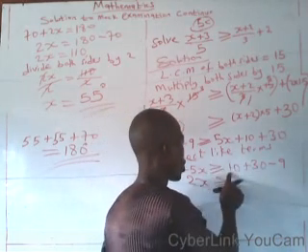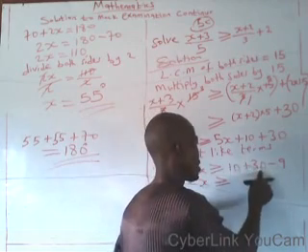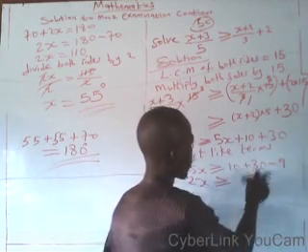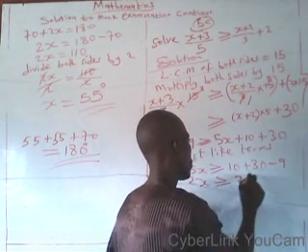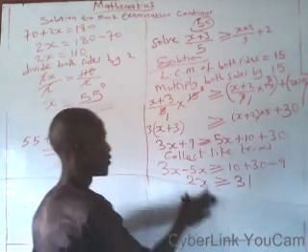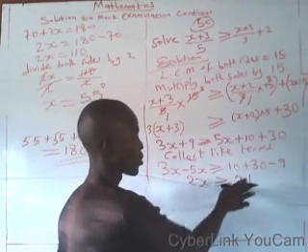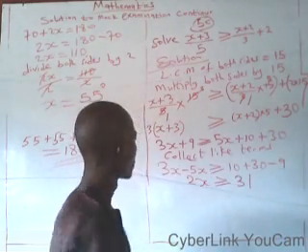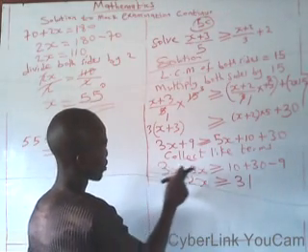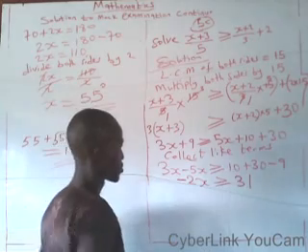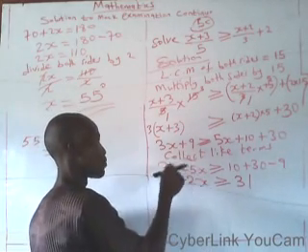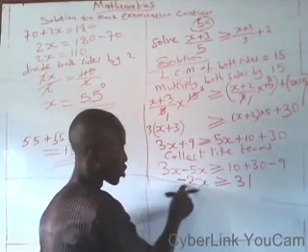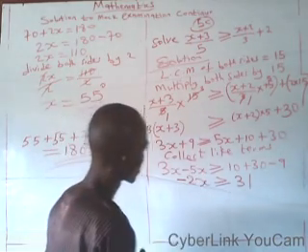In that case, 10 plus 30 will give us 40. 40 minus 9 is going to give us 31. Sorry, 3x minus 5x is going to give us minus 2x, not 2x, minus 2x, greater than or equals to 31.